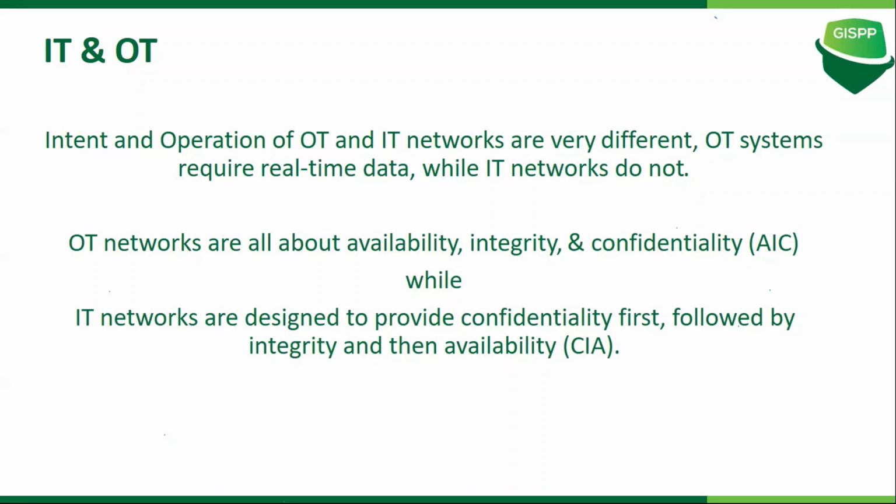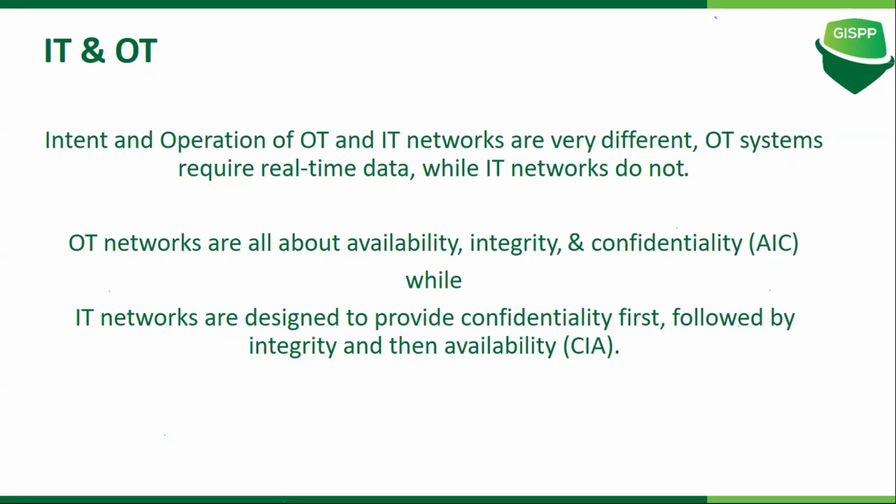Availability is first, integrity is second, and confidentiality is third. It doesn't mean that we can bypass confidentiality. The importance is there, but availability is the most important thing. That device should work first. The data that it has received should have strong integrity, and confidentiality can come last.